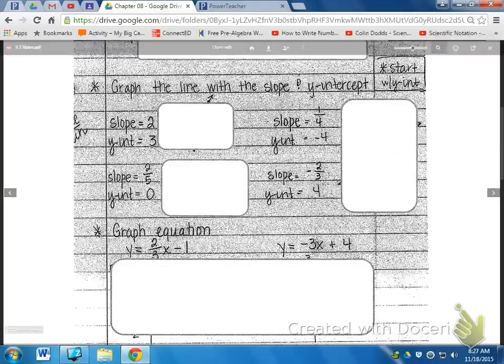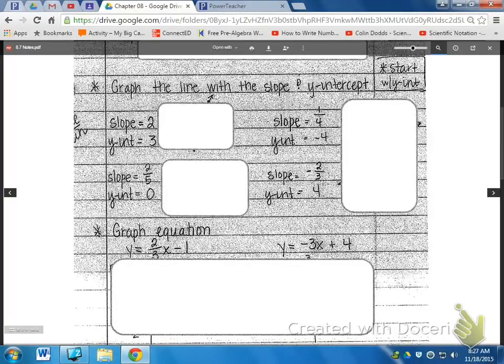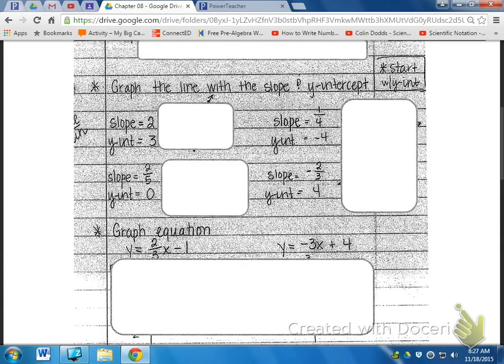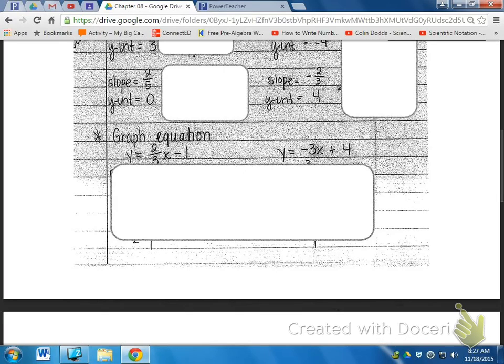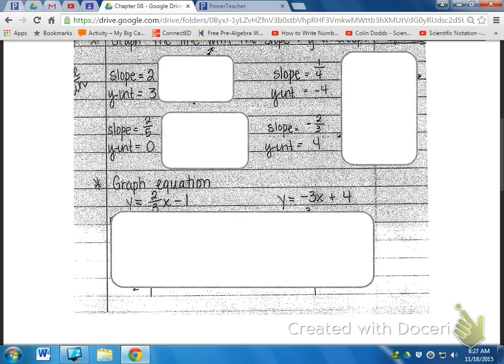First we're given slope equals 2 and y-intercept is 3. So the first few examples here, they give us the slope and y-intercept. The next couple, they give it to you in an equation, and you'll just have to pull out the slope and y-intercept and then graph from there.